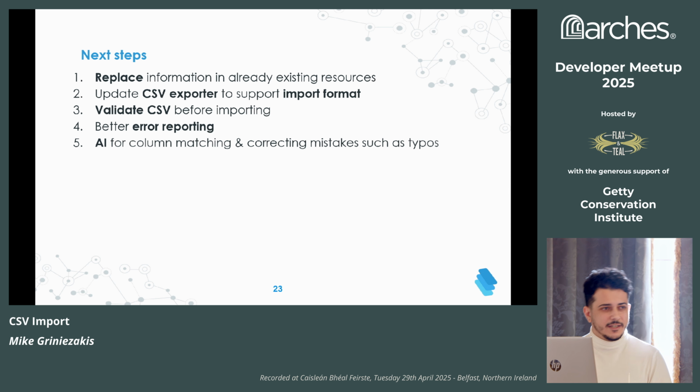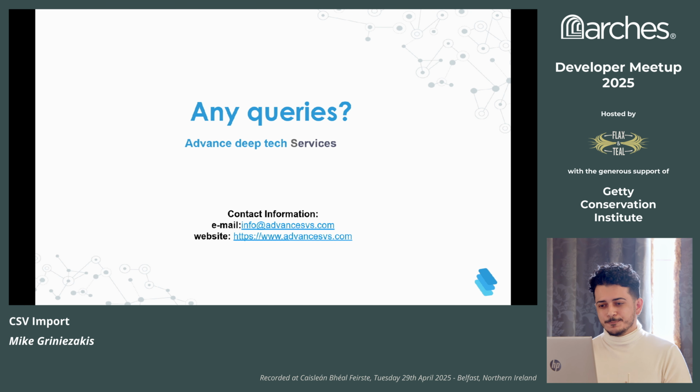And fifth, for the future, we want to add some more AI functionality for column matching, because it will work better for some cases and correct mistakes such as typos. For example, if we added a concept with a typo, it should be able to fix it automatically. So that's an example. Thanks for listening.